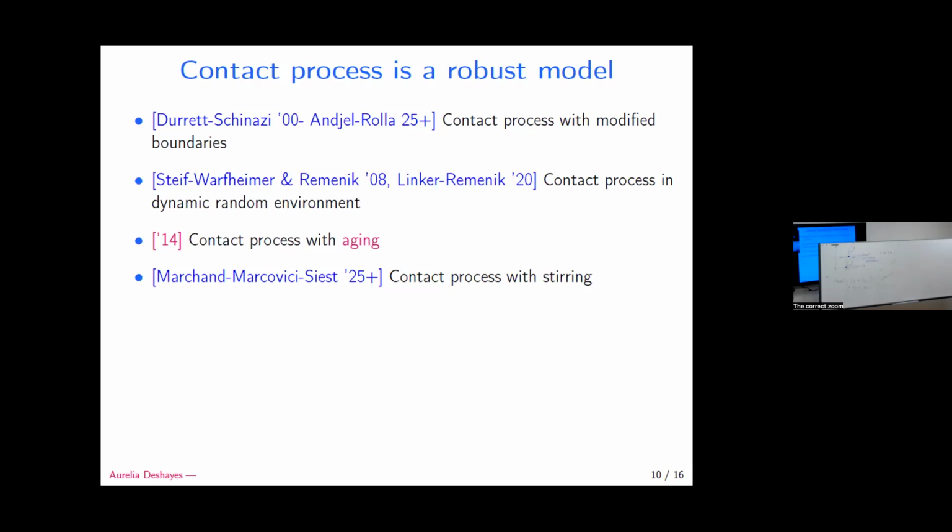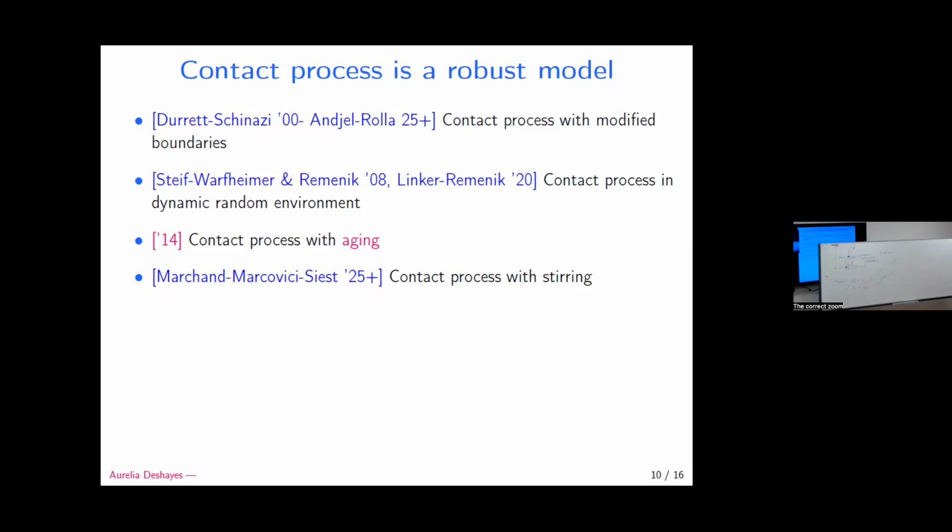Small parenthesis. There are a lot of variations of the contact process. It's a very robust model, so I will give some extensions. For example, Durrett and Schonmann, 25 years ago, but it's still an open question, and Angel and Rolla are working on it, introduced a contact process with modified boundaries.